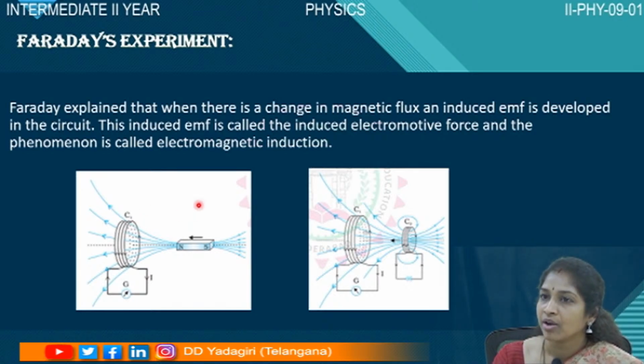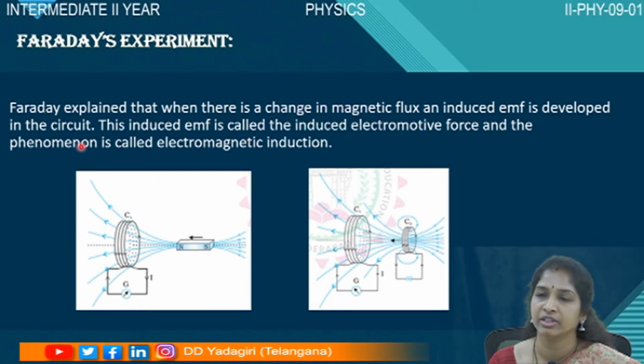In Oersted's experiment, when there is a change in the current, a magnetic field is produced. But here, when there is a change in the magnetic field, there will be a change in the magnetic flux. When there is a change in the magnetic flux, an induced EMF is developed in the circuit. This is called induced electromotive force, and this phenomenon is called electromagnetic induction.